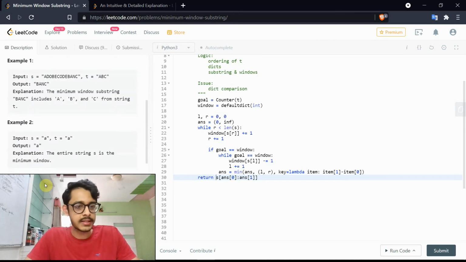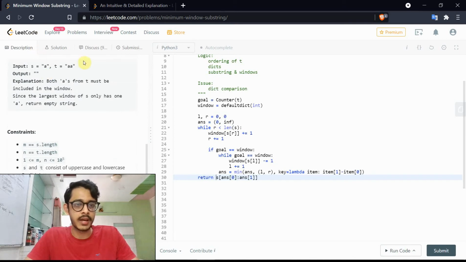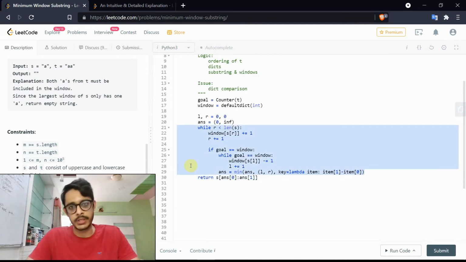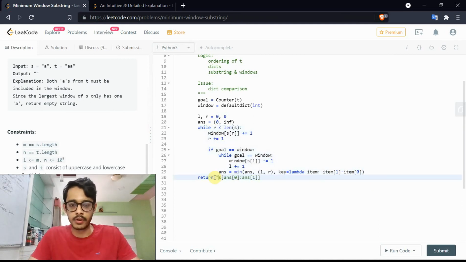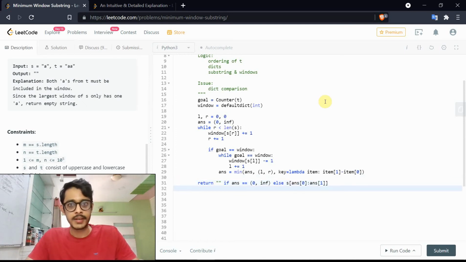There are cases, as they mentioned here, as A and AA, which has the empty string as the answer. In case none of this loop is able to give us the answer, we'll just return empty string if answer is still the same as what we started with originally. What did we start with originally? 0 comma infinity.